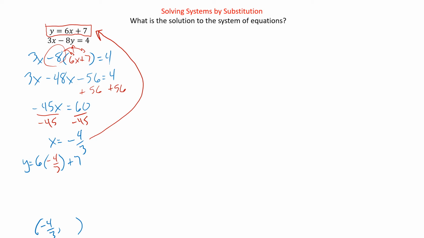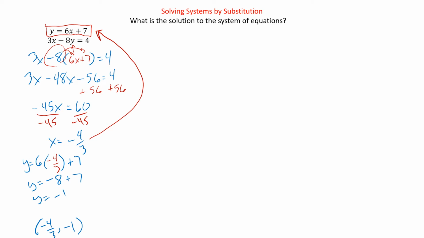It's a negative, so we have negative 8 plus 7. Negative 8 plus 7, y equals negative 1. And so that's the other part of the ordered pair.